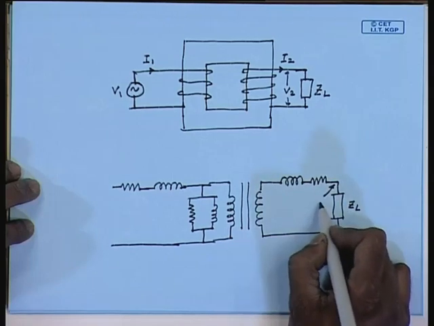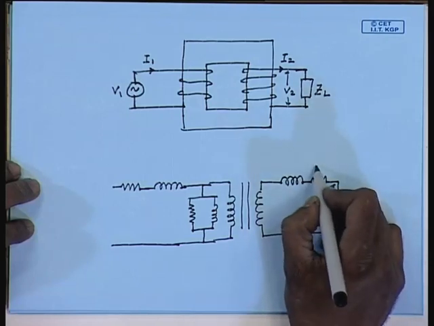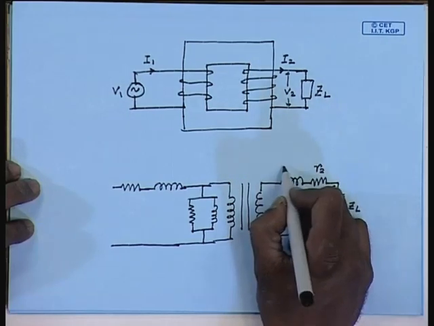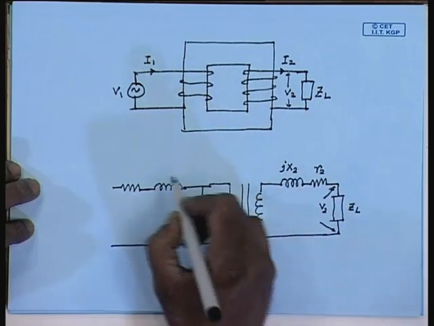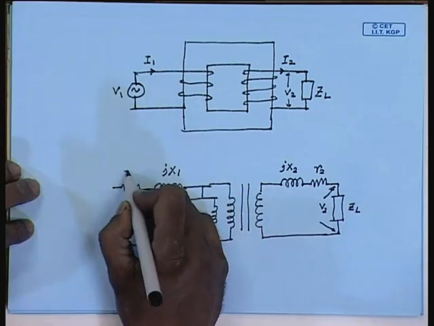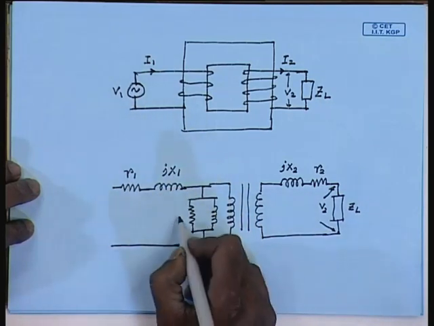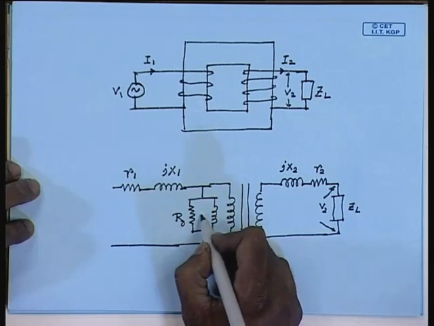This is the output voltage V2, this is secondary resistance R2, this is secondary leakage reactance jX2, this is the primary leakage reactance jX1, primary winding resistance R1, core loss resistance R0, magnetizing reactance jXm.